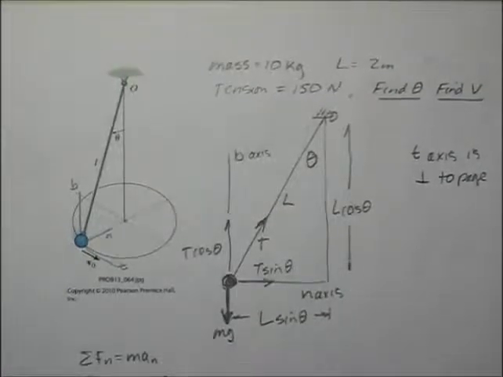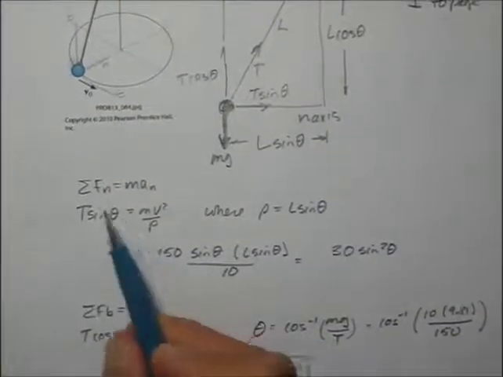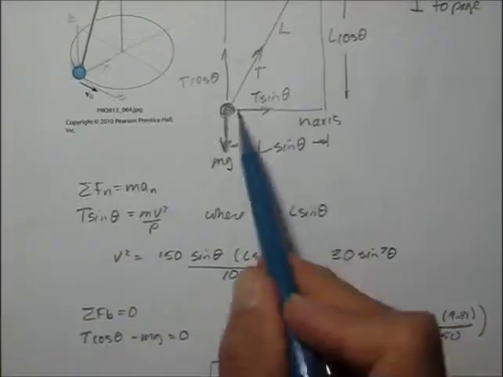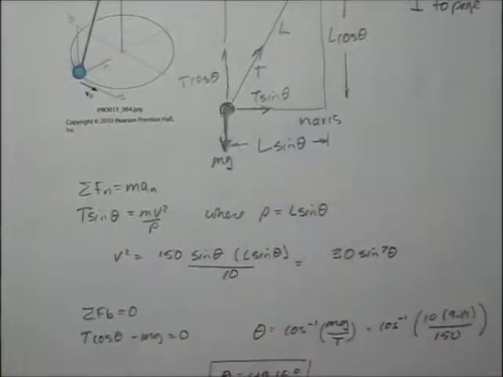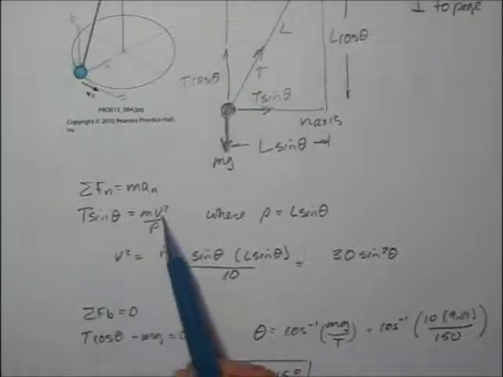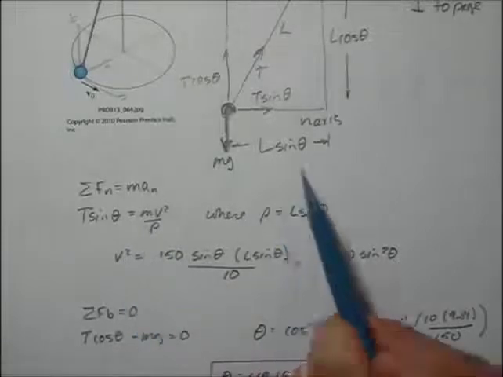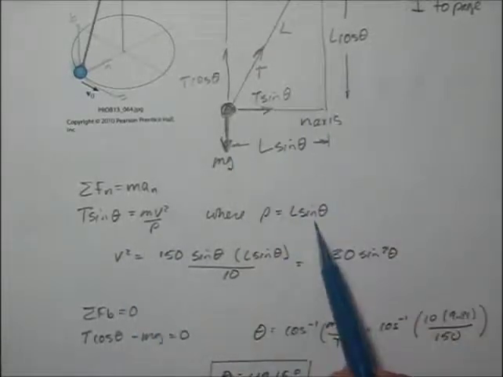So let's just sum the forces in the normal direction and see where we go. So sum of the forces normal. I'm going to say that we have T sine theta. And if I look carefully at the drawing, that's the only force in the normal direction. So I say that T sine theta is mv squared over rho. And I can solve that where rho is equal to L sine theta.